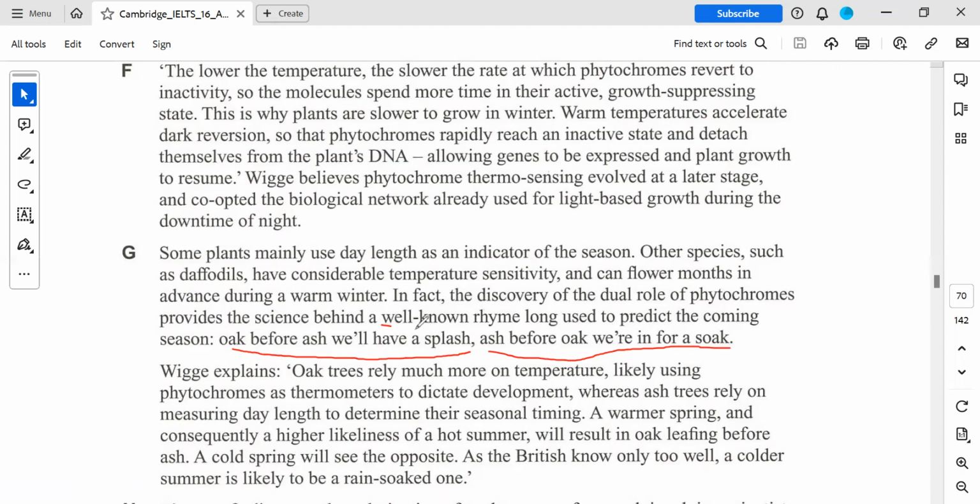How do we know this? It's a well-known rhyme. And the science behind it. He was saying the same thing, that there is a science behind it, right? So without reading much, you will get this in G because it's there as a rhyme and the science behind it. So this is the idea which is directly matching. Such questions are easier to find, rather than this.